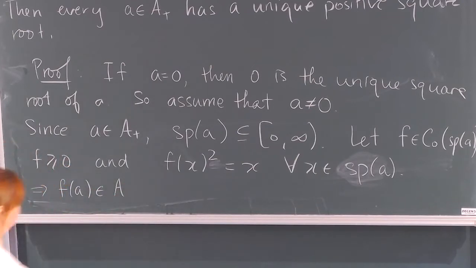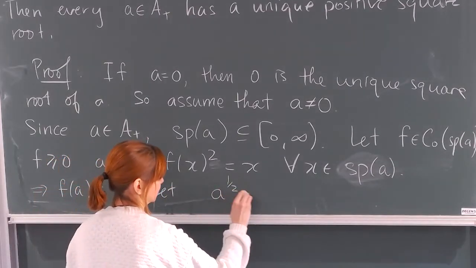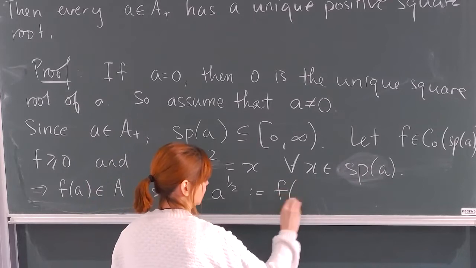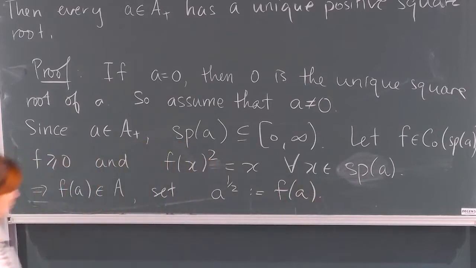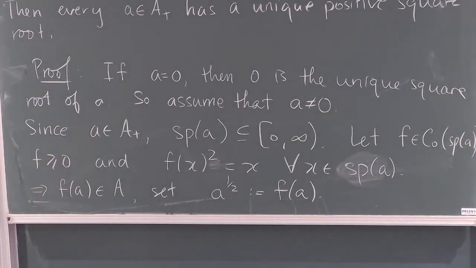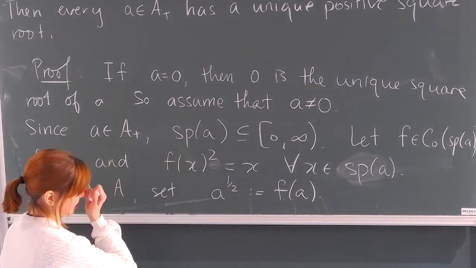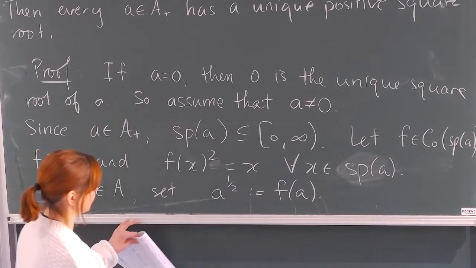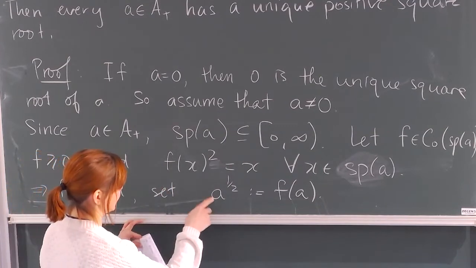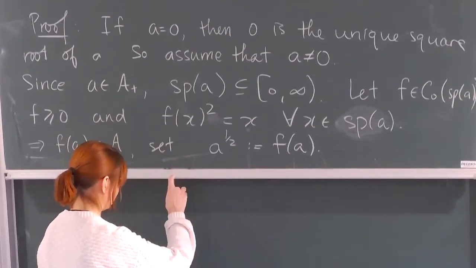And we can set A half equal to f of A. Then this is evidently a square root of A, since we know that under this isometric map, A gets mapped to this function here, the one that's just the identity x.